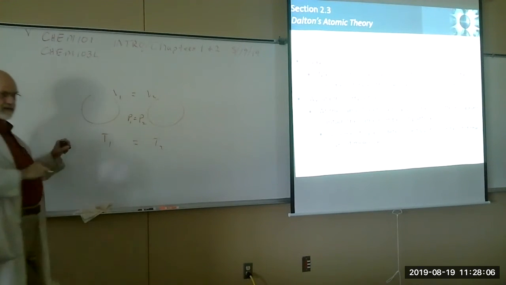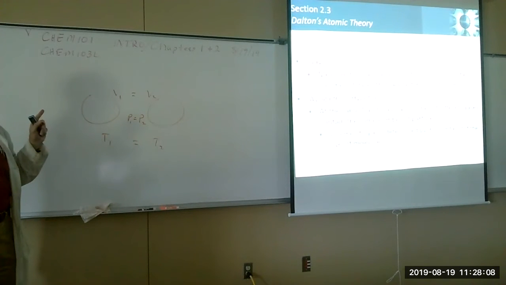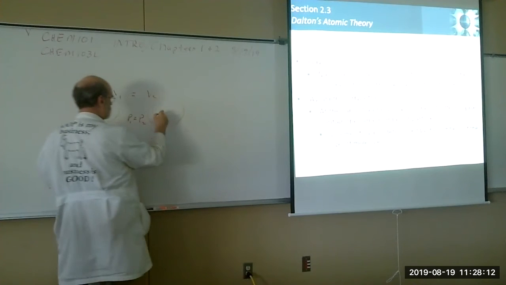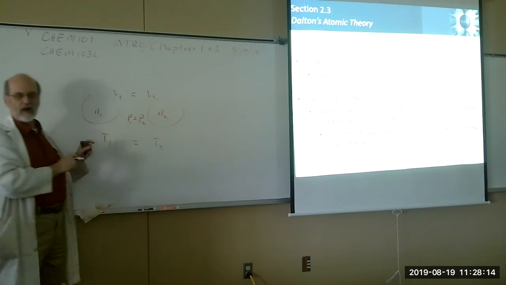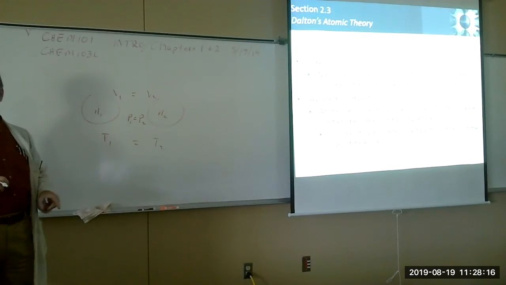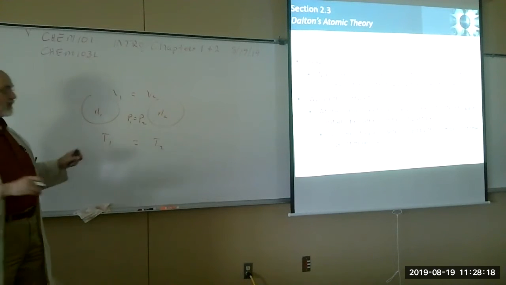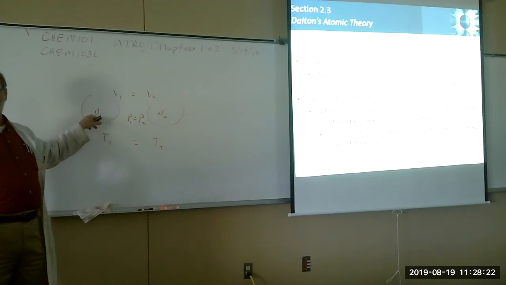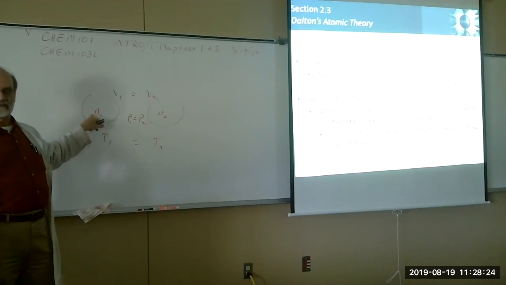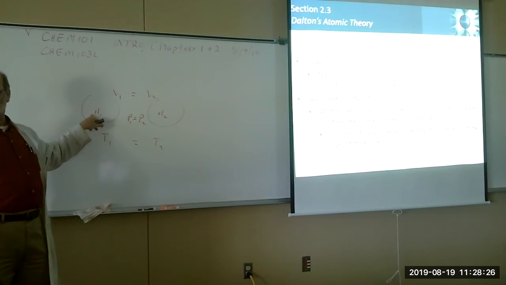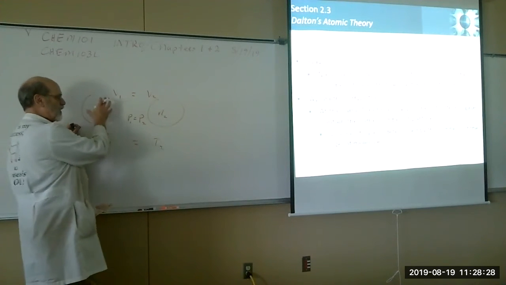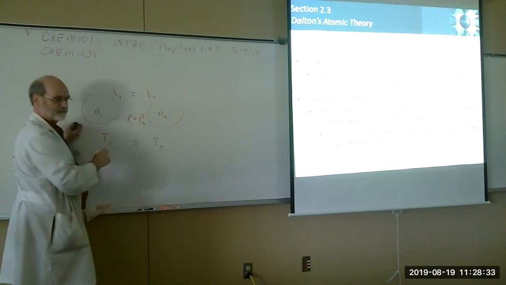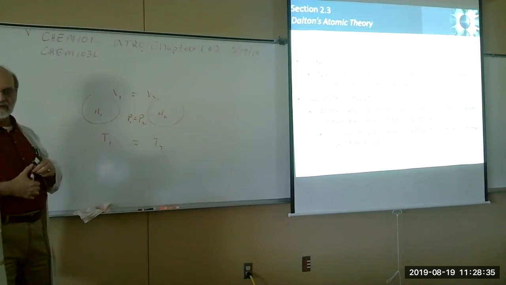Right? If those are true, then we can also say that they have exactly the same number of molecules in each one. It doesn't matter what the gas is, they're equal, and N is my abbreviation for numbers of things, moles. So we have the same number of particles in this one as that one if these conditions are the same. That's what Avogadro said.